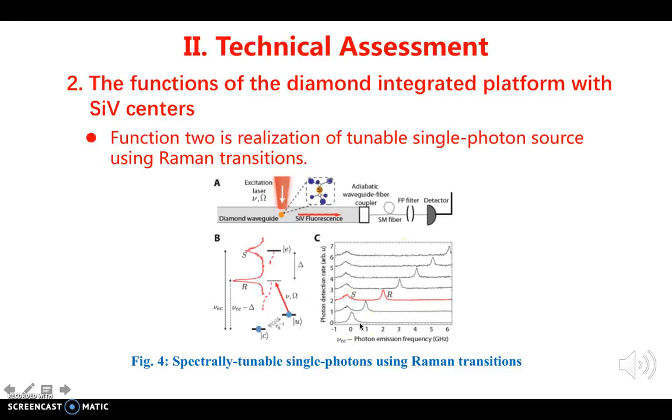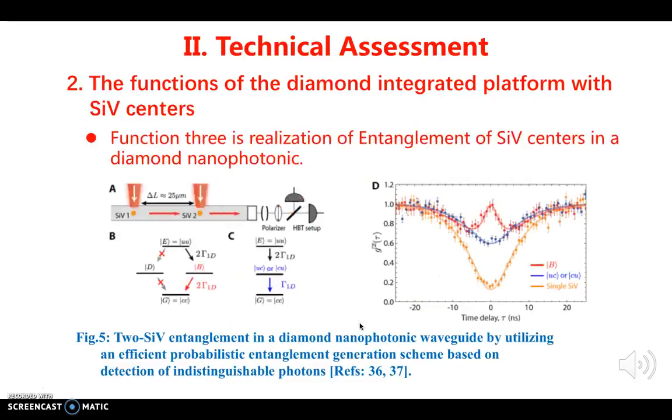Moreover, the Raman photon frequency and the spectrum linewidth can be controlled by controlling the Raman laser light intensity, which means spectrally tunable single photons are realized by using Raman transitions.